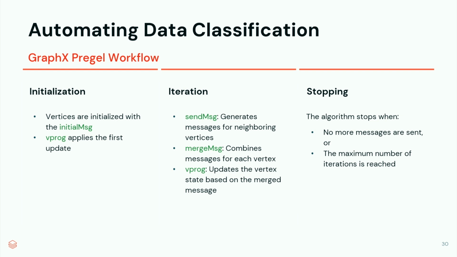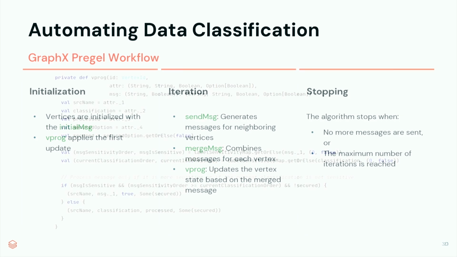Then the iteration: the send message function will pass the message through the neighbors, and then the merge message will combine those messages for each vertex, and vprog will update the state again based on the received message. Then we have a stop condition when no more messages are sent or the maximum number of iterations is reached.